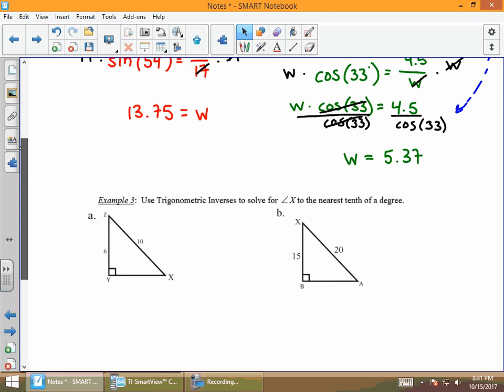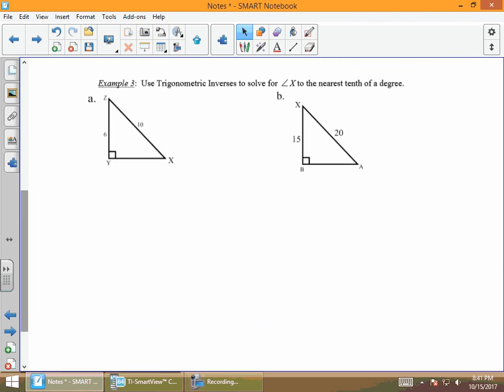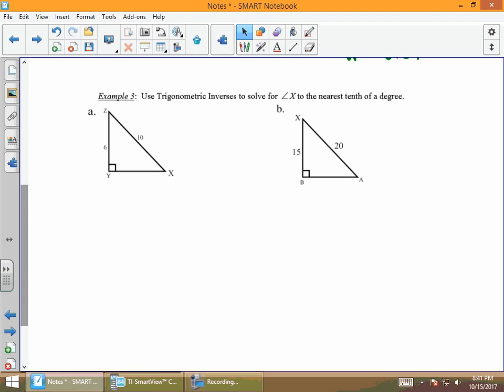All right. Well, this is going to bring us to example number 3. This is still TOA, but this is actually 4.6. If you are looking to get a B, this is section 4.6. This is using TOA to find a missing angle.